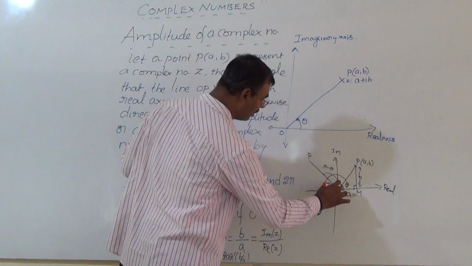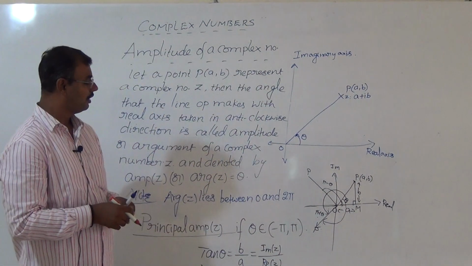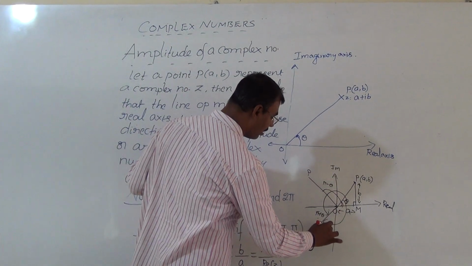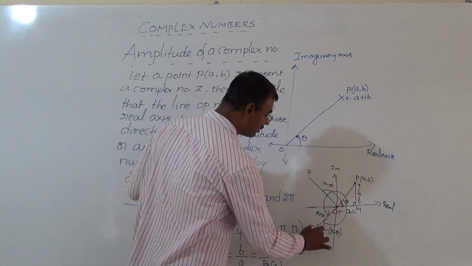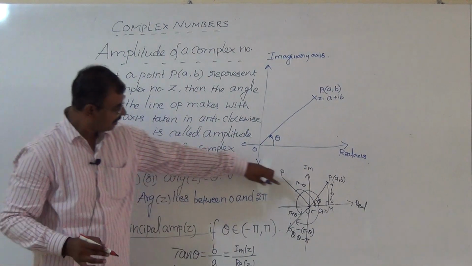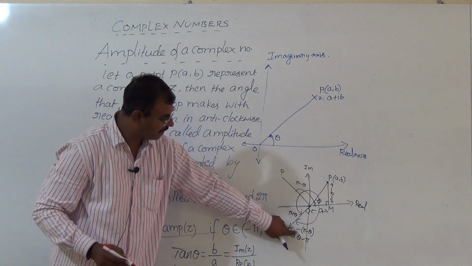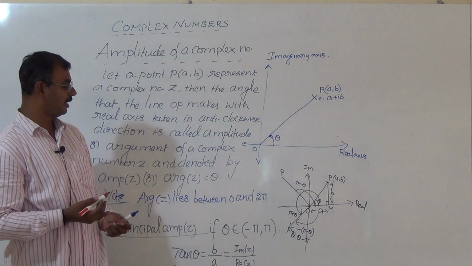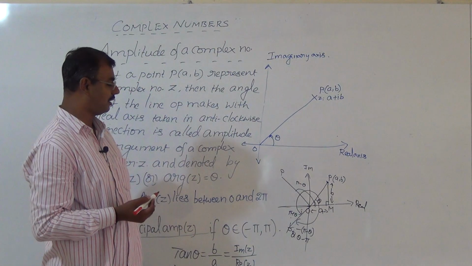In this case, we should follow the clockwise direction. So pi plus theta is also equal, in the clockwise direction, to minus of pi minus theta, or theta minus pi. In the clockwise direction, this becomes pi minus theta, and clockwise means a negative sign. This is the third quadrant. In the third quadrant, what is the actual amplitude of z? Minus of pi minus theta.